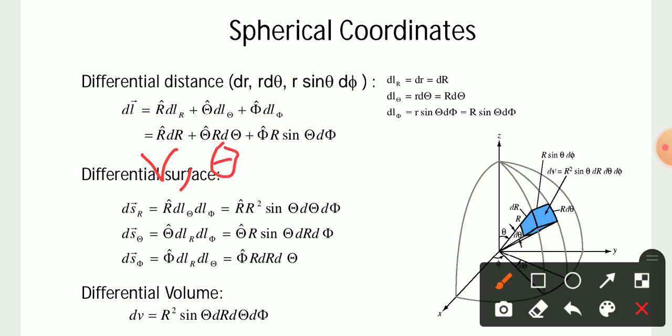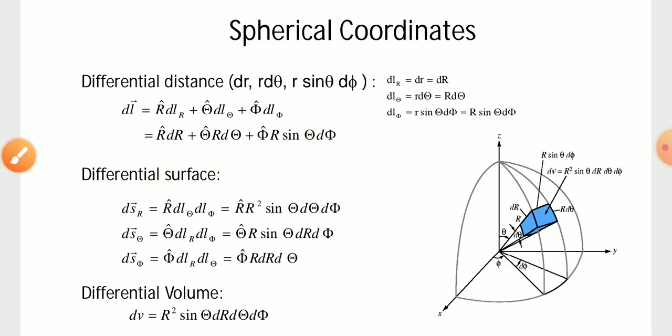If we compare with the Cartesian coordinate system, theta is how much angular shift is required from the z axis, and phi is defined from the x axis. So r, theta, phi are the coordinate axes for the spherical coordinate system.